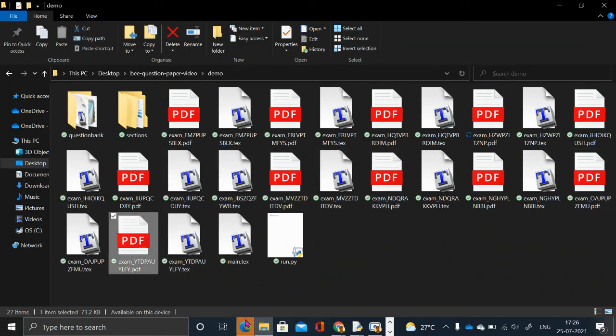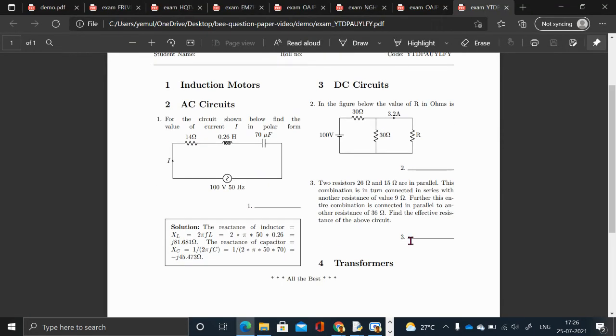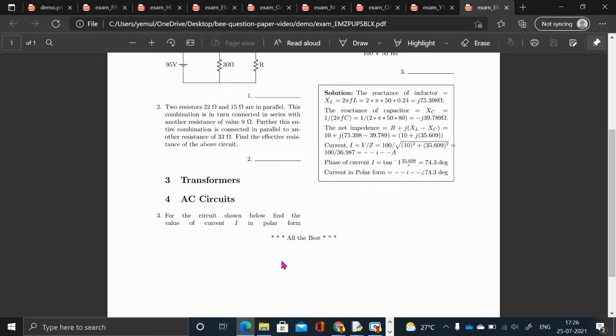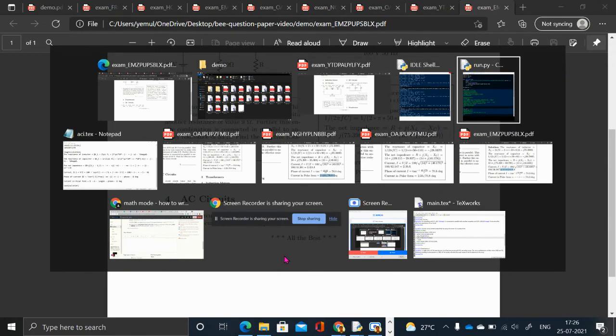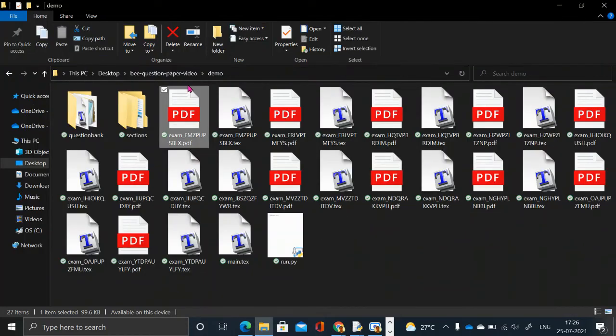Which one is the latest file? Not this one. So let's arrange. So this is what happens if there are multiple files.